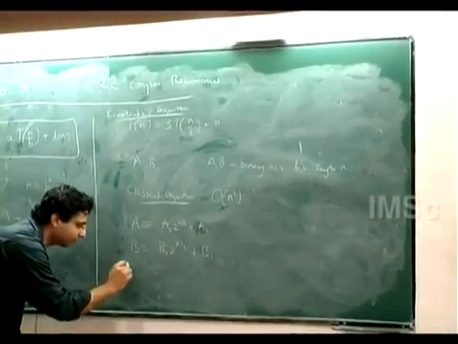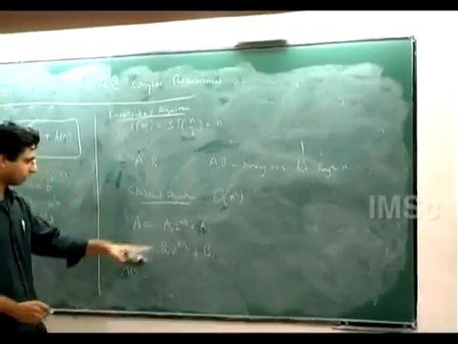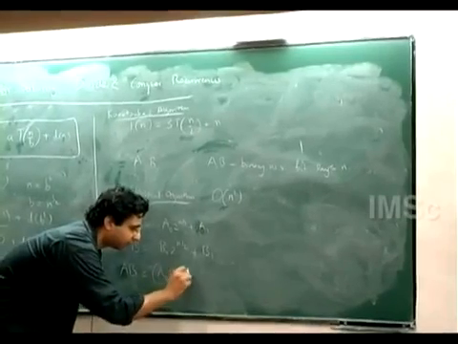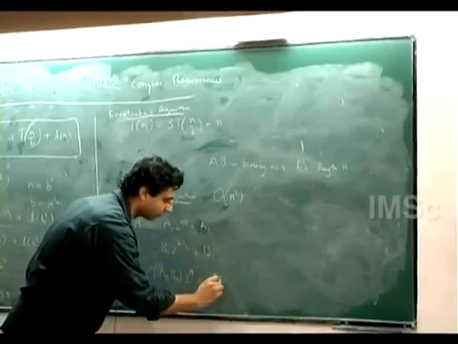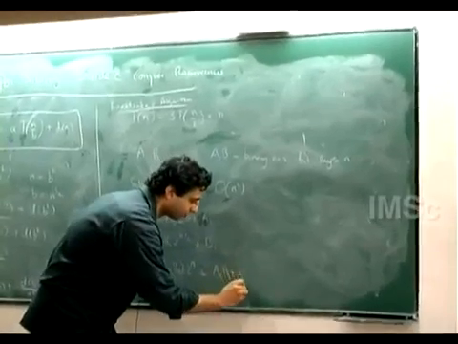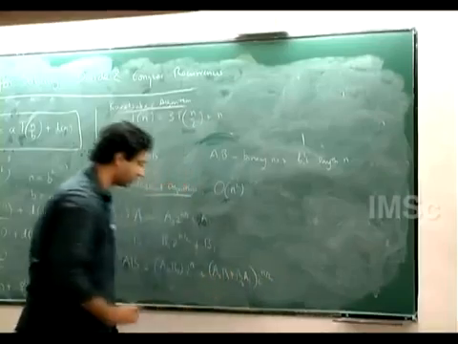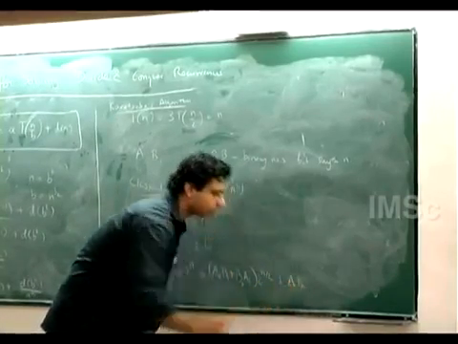If I take the product AB, what do I get? I get A0 B0 shifted by 2 raised to n, plus A0 B1 plus B0 A1 shifted by 2 raised to n by 2, and then the product A1 B1.